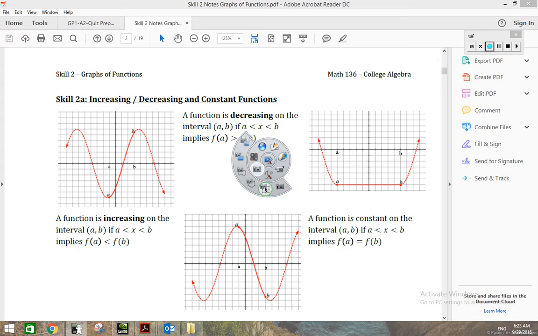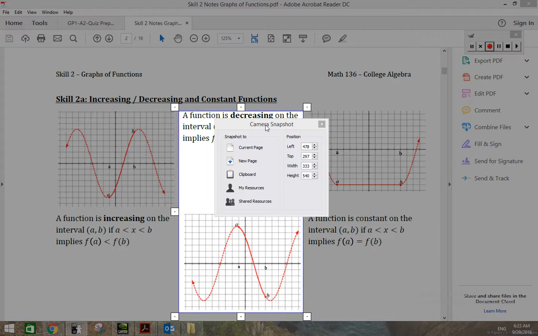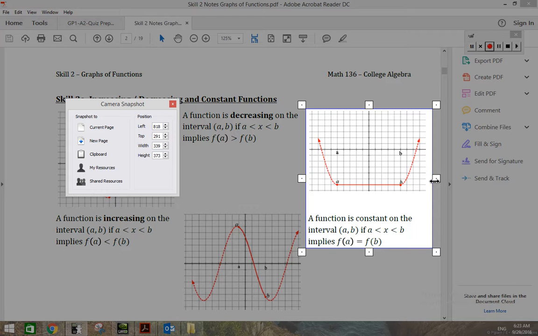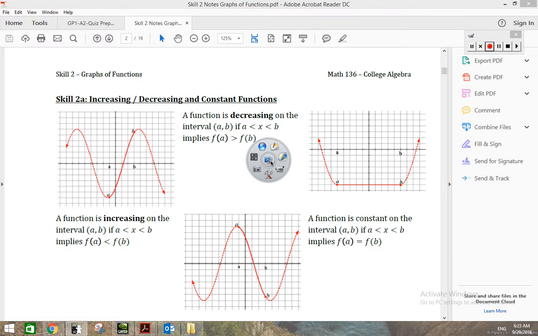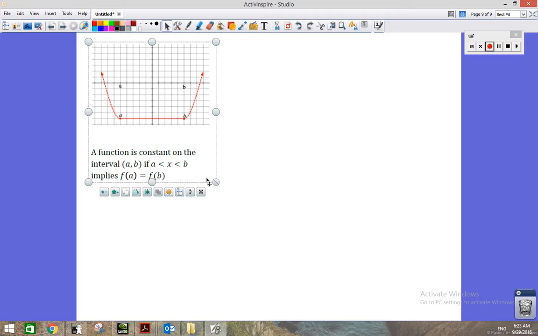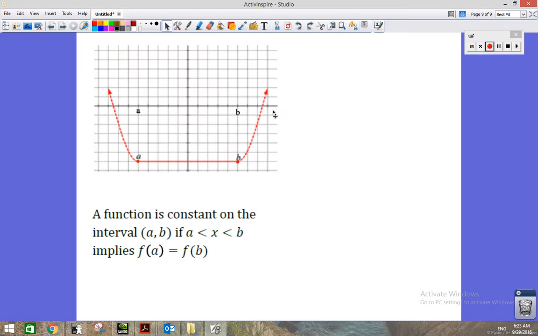In the next definition, students find it the easiest to understand of the 3. And the picture really helps as well. Just as before, we have a part of the graph that we're interested in.